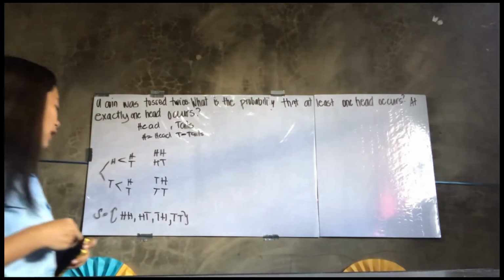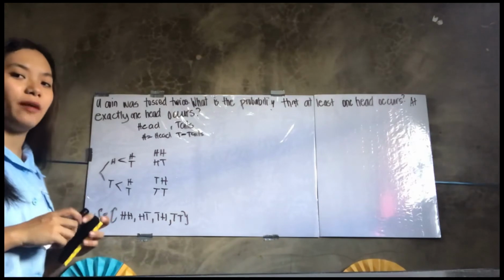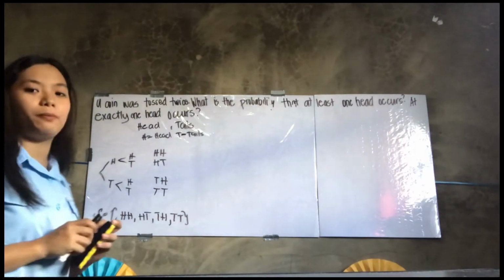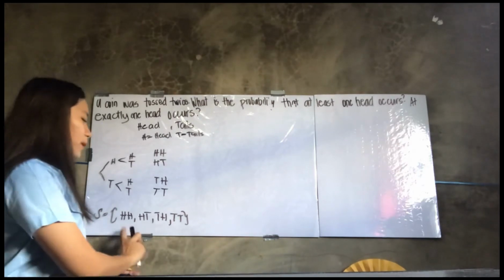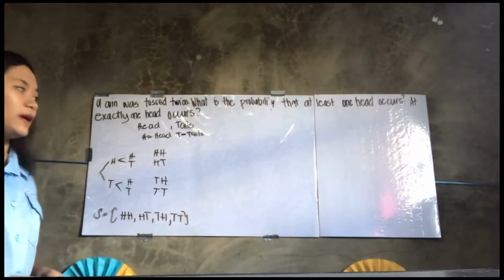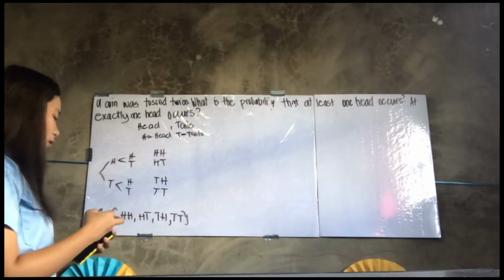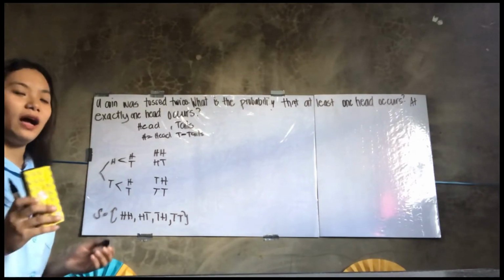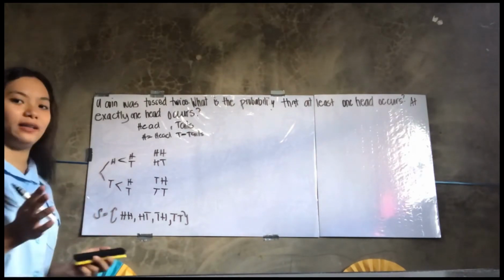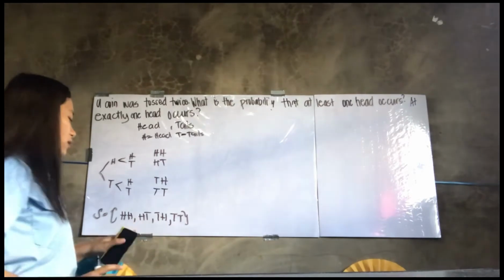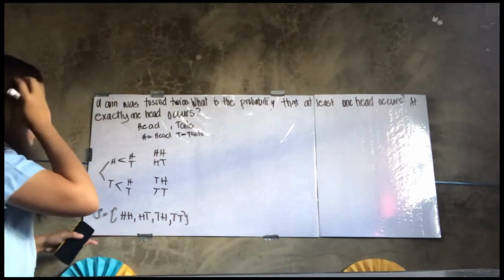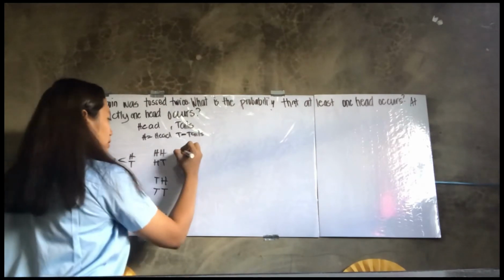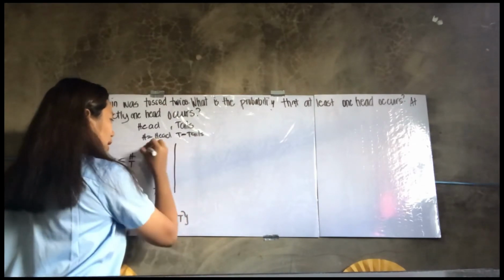Now, we have the sample spaces. Next step to solve the probability of an event, we need to know the probability of each sample space. So, ang nakuha natin sample spaces ay 4. And each of these sample spaces or outcomes ay meron silang tig 1/4 na probability.